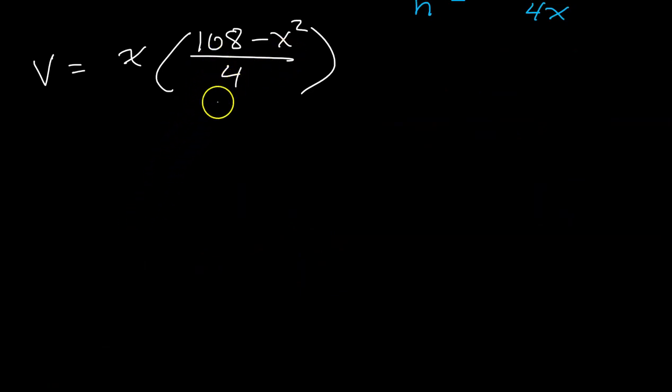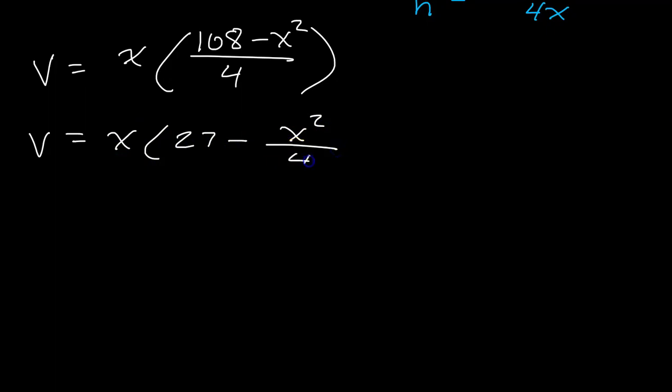Dividing each of these terms by 4, we get volume is equal to x times (27 minus x squared over 4). And distributing the x, we get volume is equal to 27x minus x cubed over 4.